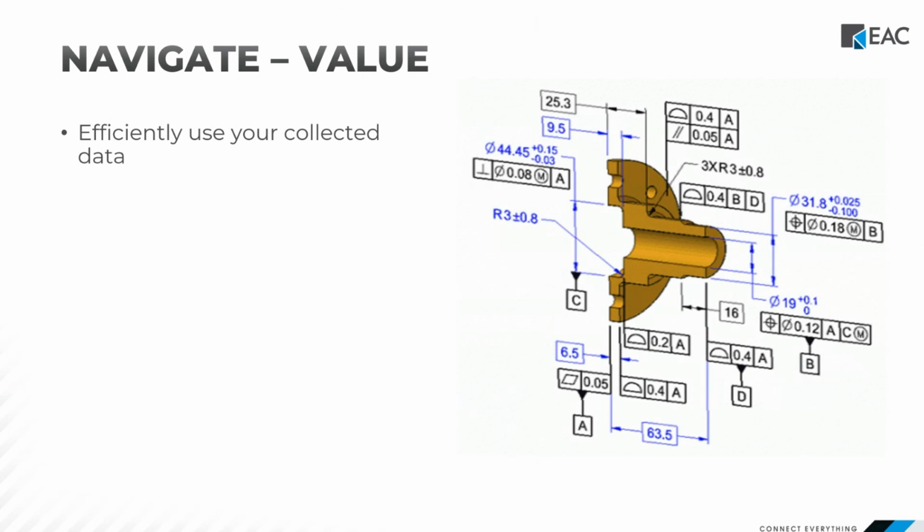Okay, so I hope that walkthrough really helped to show the value that Navigate can provide, but just in case, one, it does allow you to efficiently use your collected data. Companies spend so much time, energy, money to develop that data, so why not allow everyone who needs it to be able to easily access it?